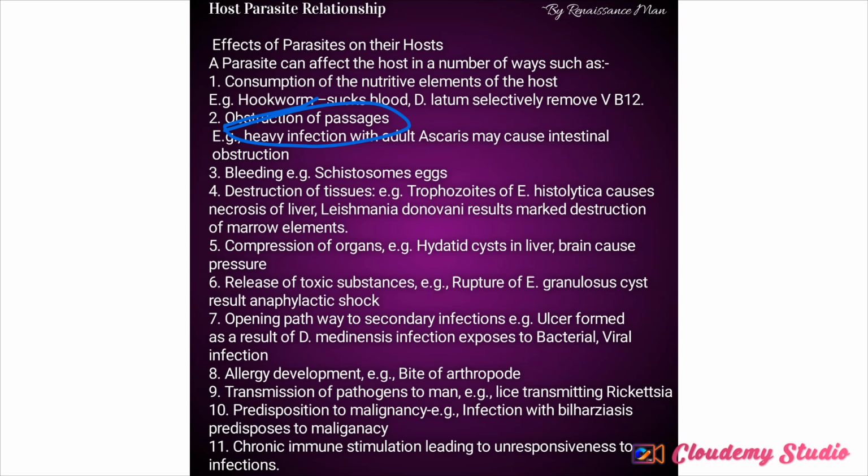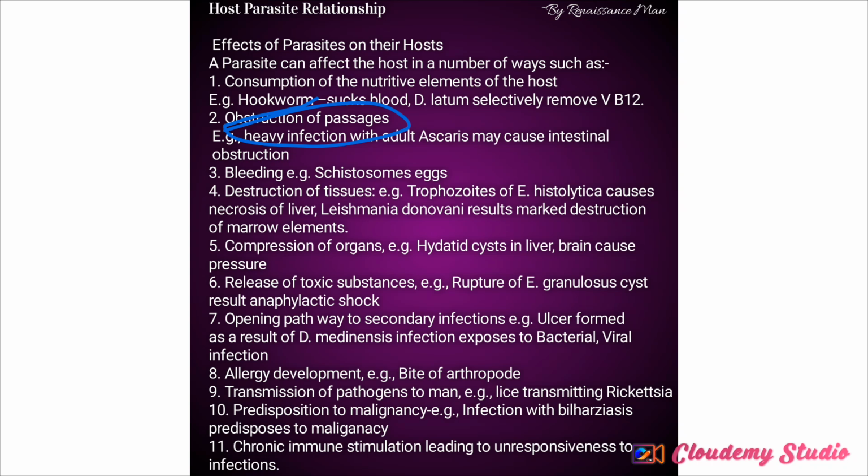Compression of organs, they can compress organs and they can release toxic substances. The rupture of hydatid cyst, and even the normal Plasmodium parasites release a toxic substance called hemozoin. Hemozoin is released when they feed on the hemoglobin.